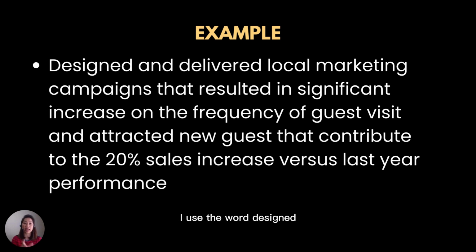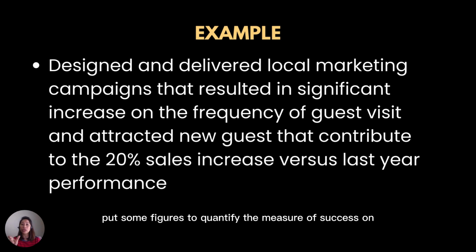I use the words designed and delivered, and then I describe how I made it, through local marketing campaigns. And what is the result? It resulted in high frequency of guest visits, and it's much better if you have metric words, like for example 20%. Put some figures to quantify the measure of success of the action that you made.